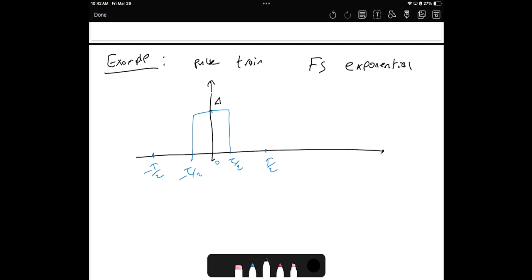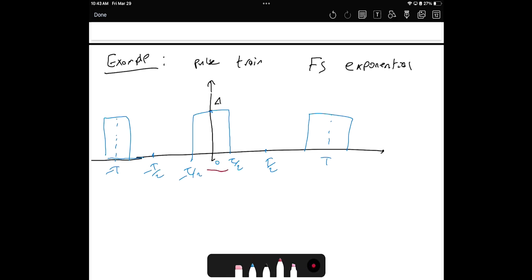Then we have another pulse here that's centered at T. Keep in mind the period is between T over 2 and negative T over 2.